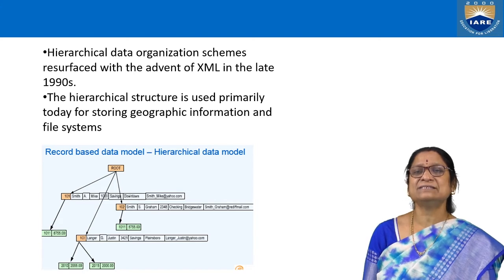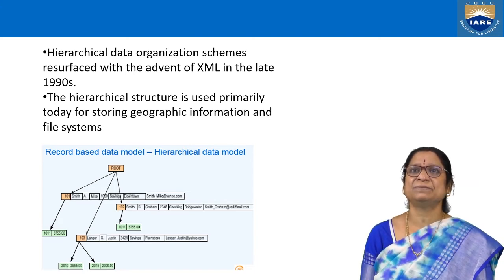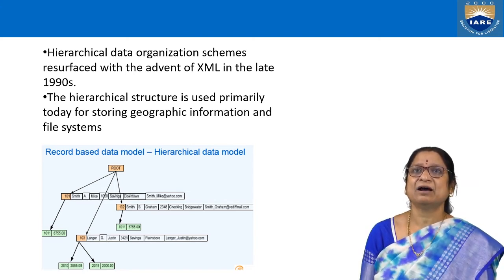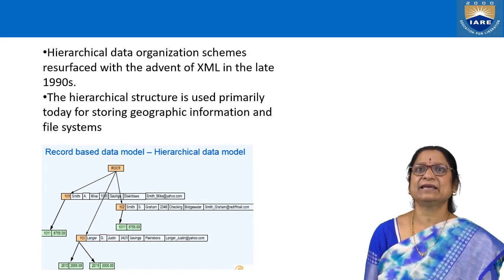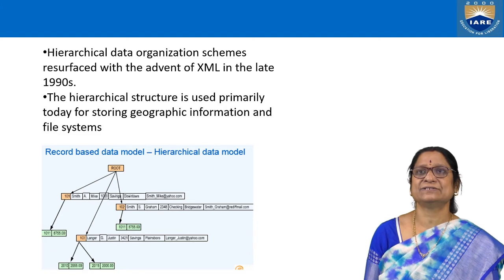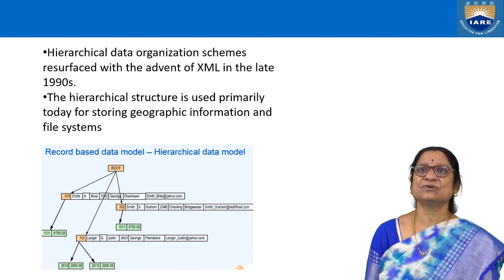So, after the 60s, hierarchical data models were not that popular. After the 70s, hierarchical data organization schemes again came into the picture with the invention of XML. That is, in the late 90s, hierarchical data organization schemes became popular again because of XML.